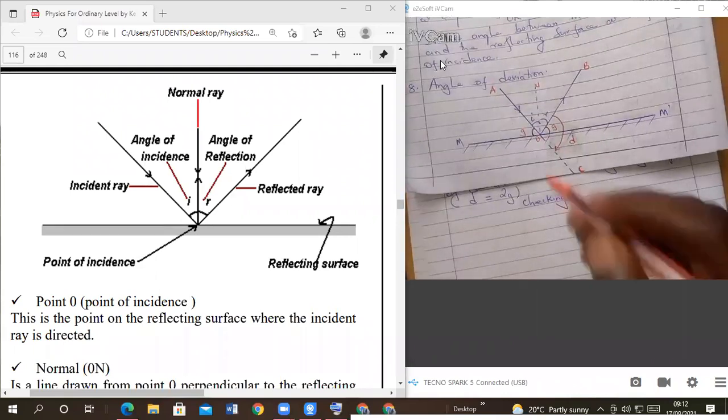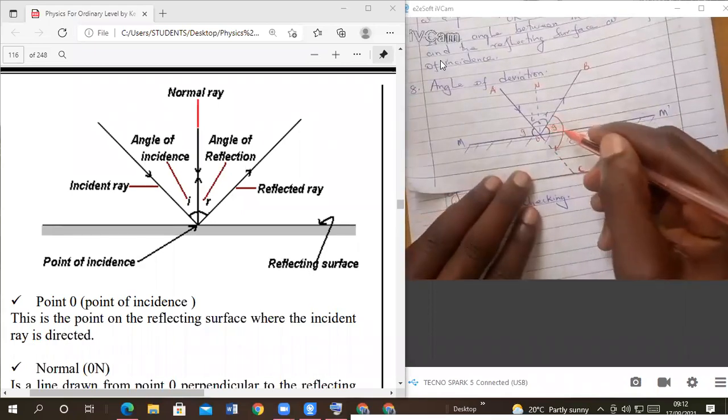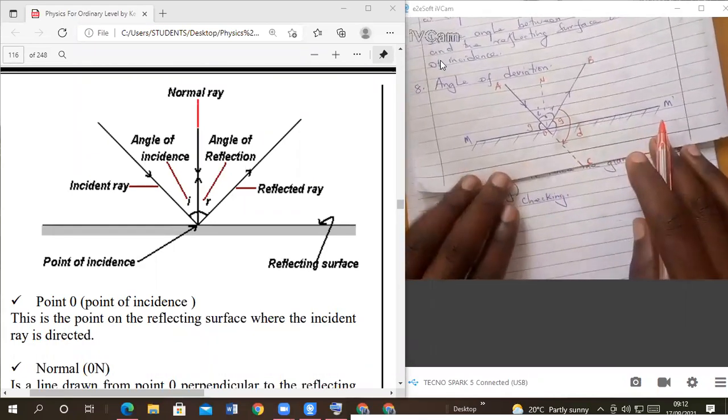Because, members, if you look at this one, we said glancing angle.